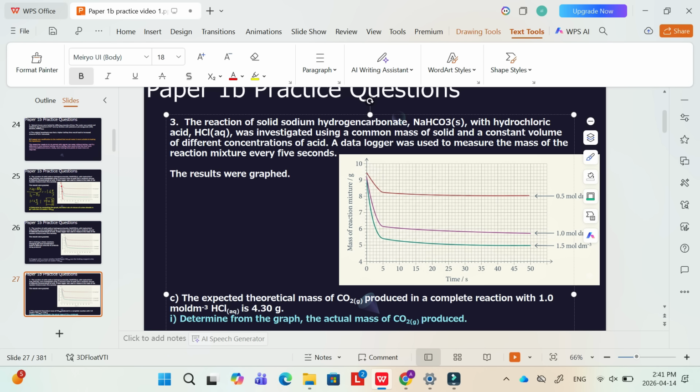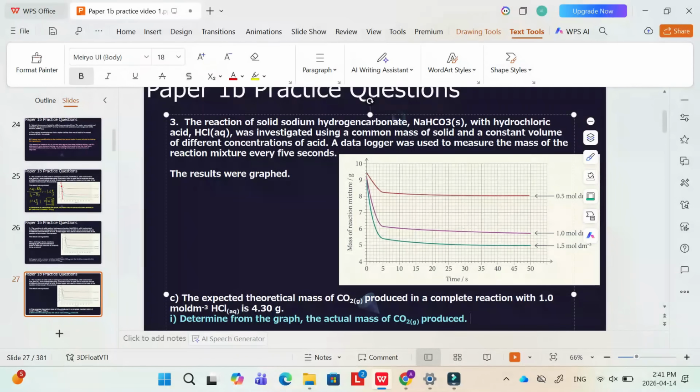And they'll finish wherever these lines become horizontal on the right side. So from my calculations, I get that this trial with 1 mole per decimeter cubed is about 3.3 grams, 3.35 maybe.